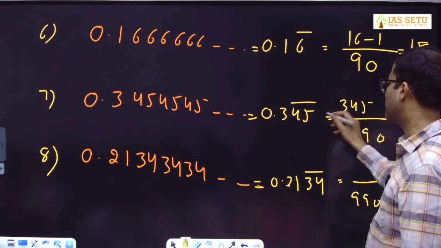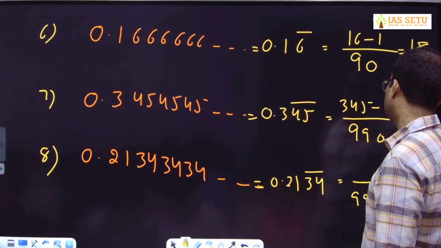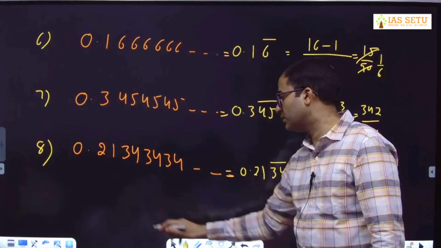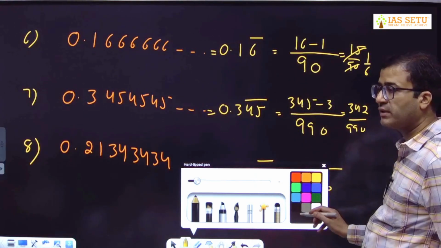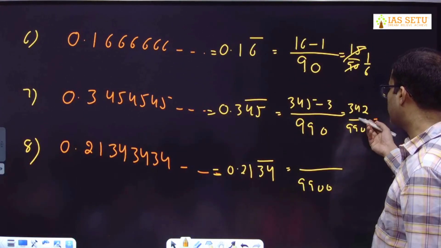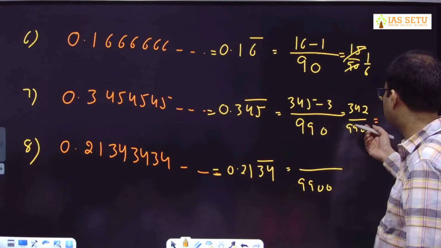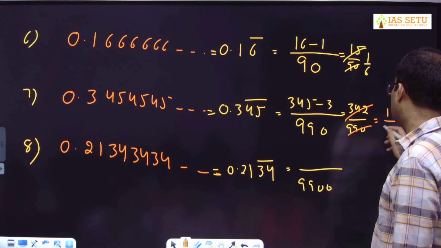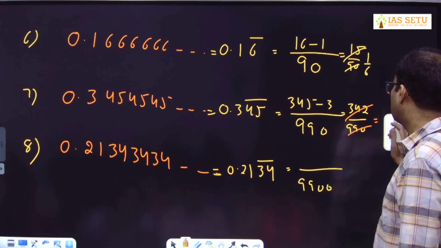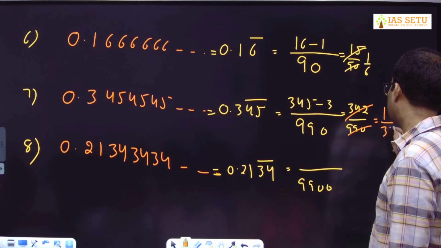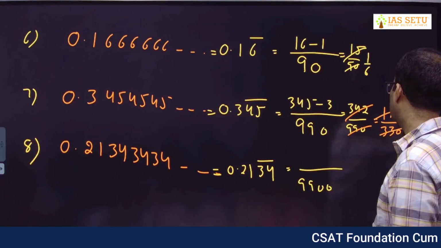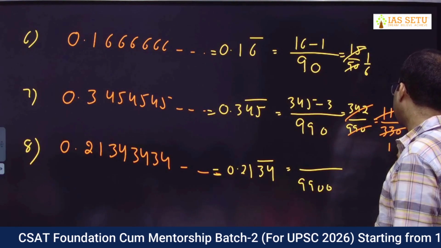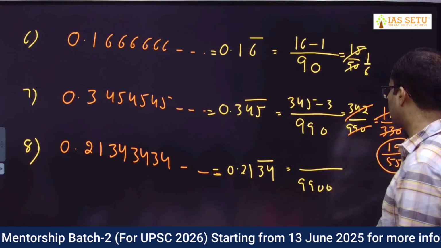This is total number 345 minus 3, 342 upon 990. Yes, you can simplify. क्या आ रहा है सिंप्लीफाई करने के बाद? 19. 2 से जाएगा, 3 से जाएगा, फिर एक बार और 3 से जाएगा, 171 या पहले 3 से कर लेते, 114 अपॉन 330 और 3 से जाएगा, 38, 19 upon 50.